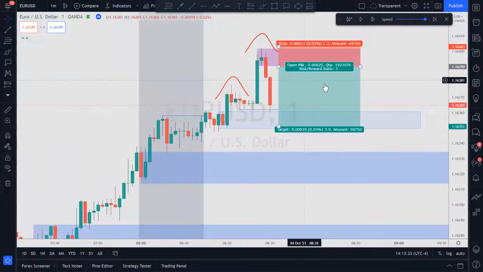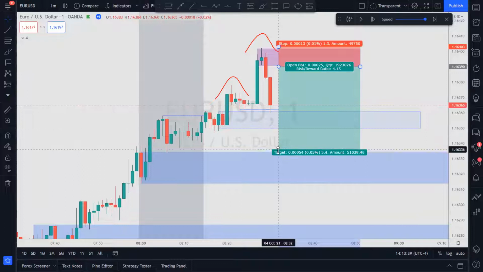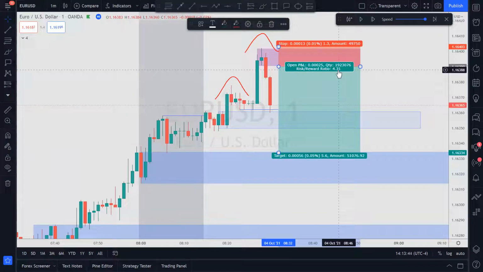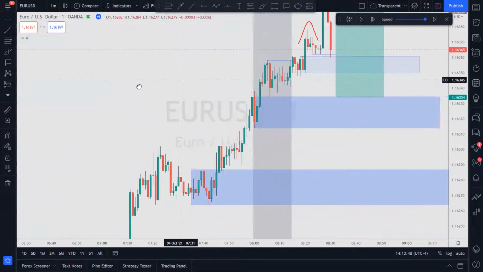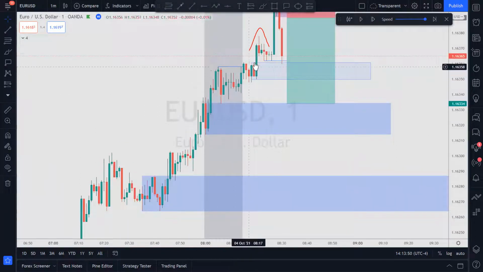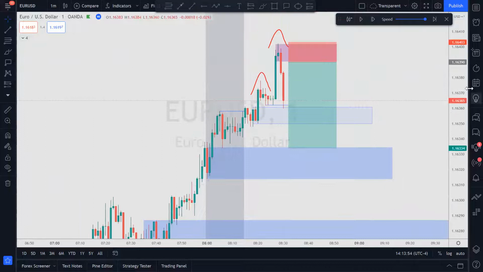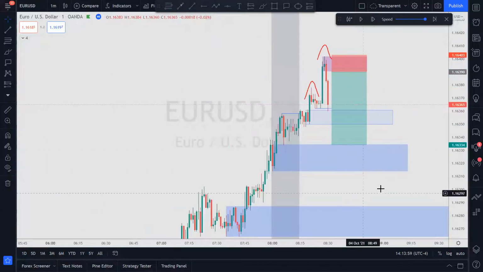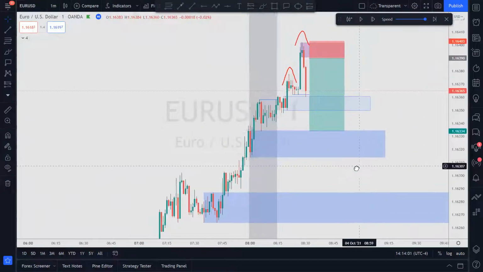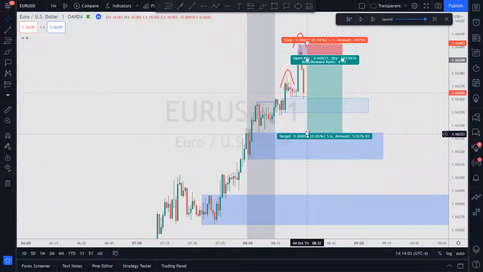All right, so this would give me 3R if price makes it back down here. Here I would get 4.3R, and these are not the strongest order blocks, but I'm looking at the retracement here, and I'm thinking this might be the area to retrace from.